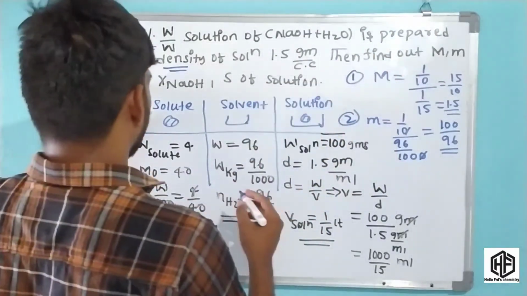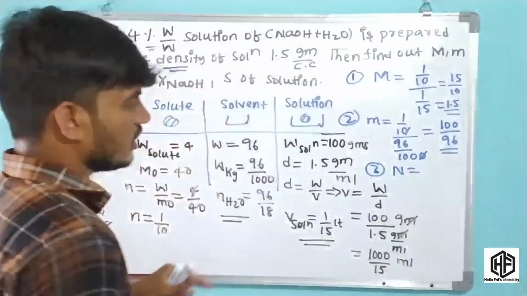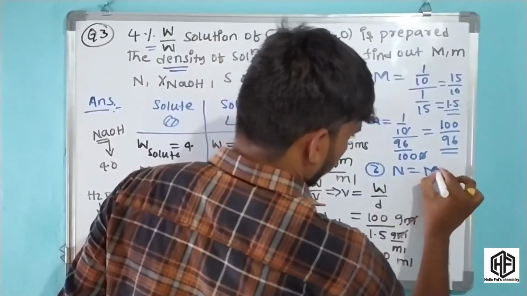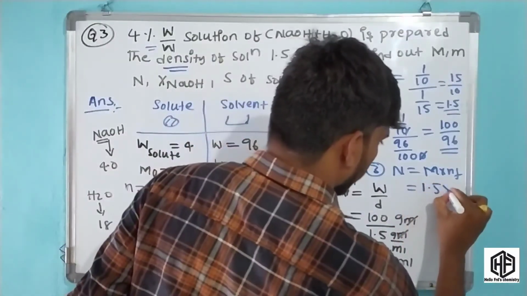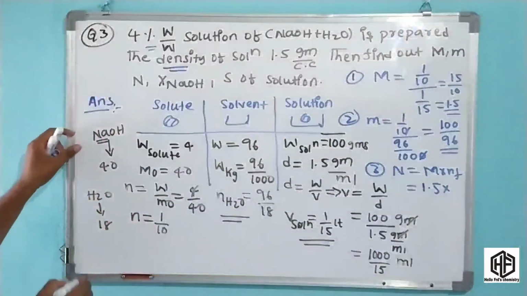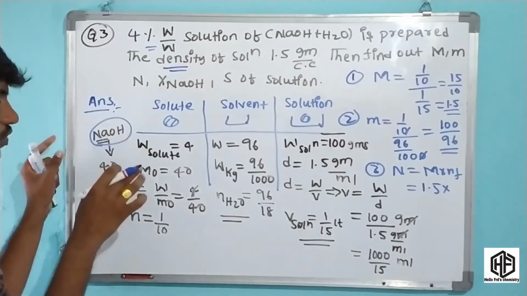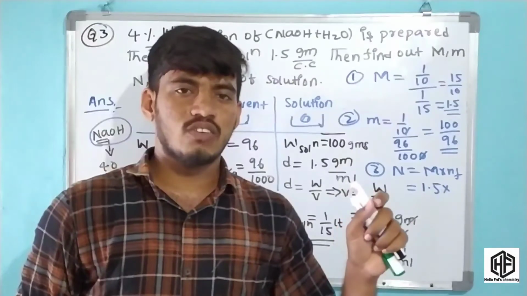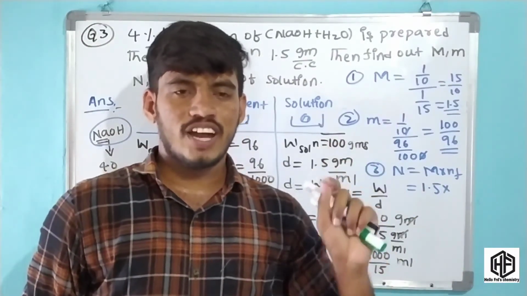And the third important term is the normality. Normality is equal to the molarity into n factor, so 1.5 into n factor. In this case it is NaOH. NaOH is a base. The number of OH minus ions present in the aqueous solution is called the n factor of the base.